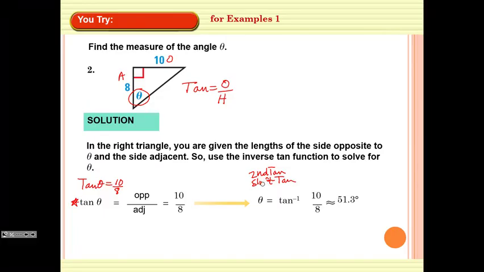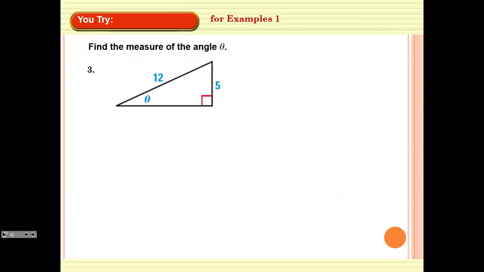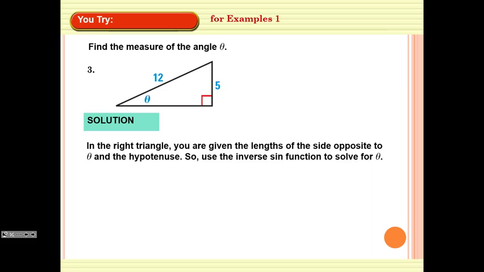I don't know what your calculator requires. That should give you the tangent -1, left parenthesis, hit 10 divided by 8, then hit equals. It's about 51.3 degrees.